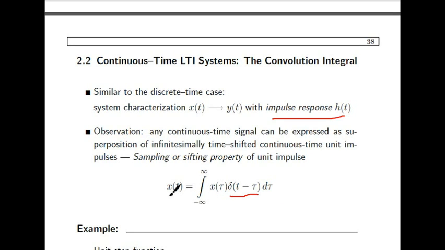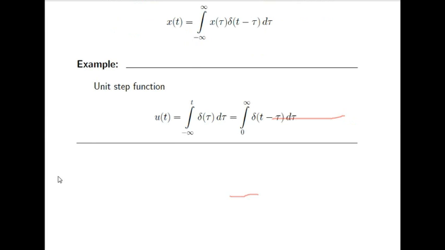Okay, so let's see it with an example. The unit step function u(t) is represented with the help of the unit impulse, as the integral from minus infinity to t of delta(tau) d tau. Okay, or it can be represented as this also, the time shifted version.